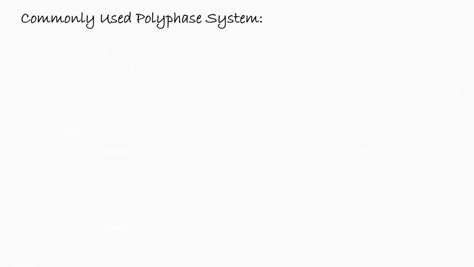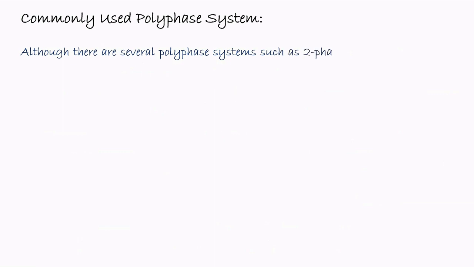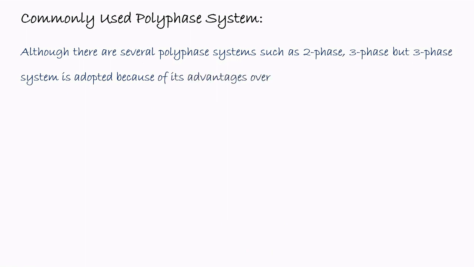Now, commonly used polyphase systems: although there are several polyphase systems such as two phase, three phase, six phase, the three phase system is adopted universally because of its advantages over all other polyphase systems.